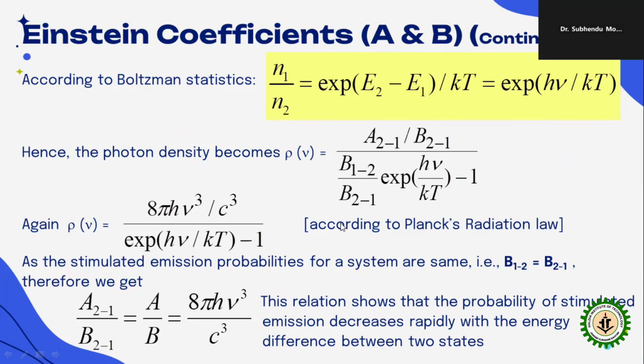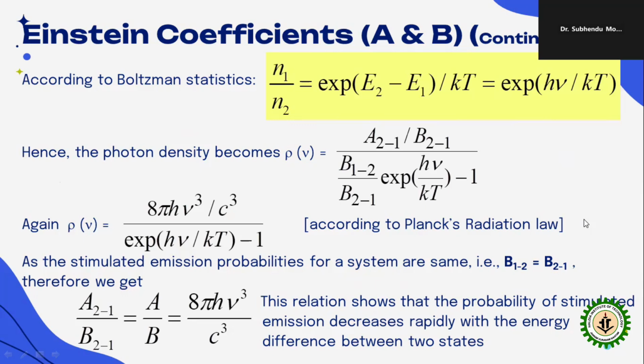Therefore, by comparing the above rho nu with the rho nu obtained from Planck's radiation law, we get that A21 by B21 is equal to 8 pi h nu cube by c cube. So we can say that all A values are equal and all B values are equal.